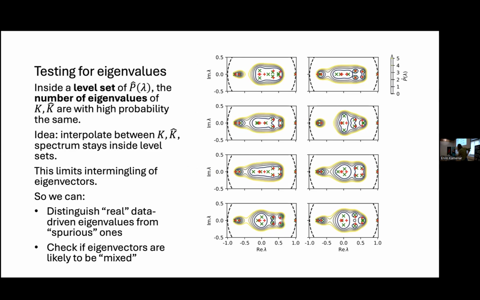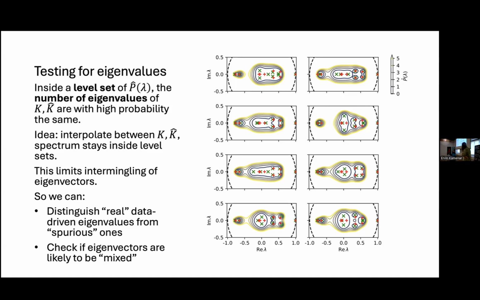I've taken a bunch of different realizations, and in each case my p hat lambda as a function of lambda looks different, because different data gives different answers. But in all cases, the red crosses tend to be in regions of low p hat lambda. This is what you would expect, and it's a fairly tight fit around them.